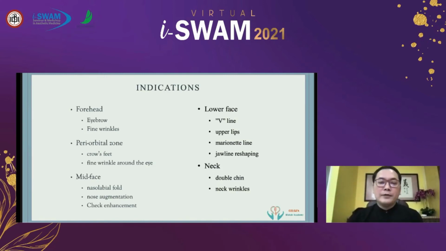You can combine it with filler as well to have a more 3D effect, more lifting, by combining the thread with hyaluronic acid. Lower face V-shape, lip side, marionette, jawline reshaping are also commonly practiced using the thread, as well as double chin and then the neck wrinkles. All these indications we can actually treat with the facial thread.